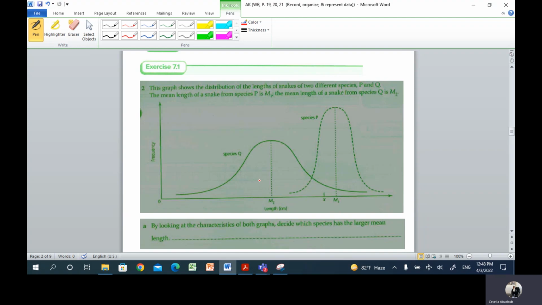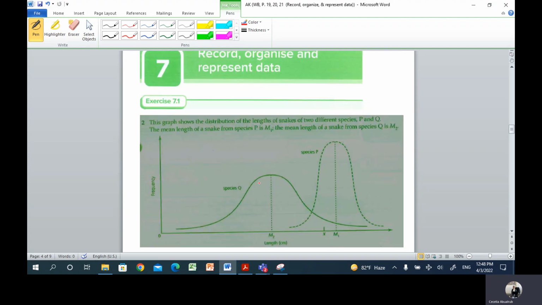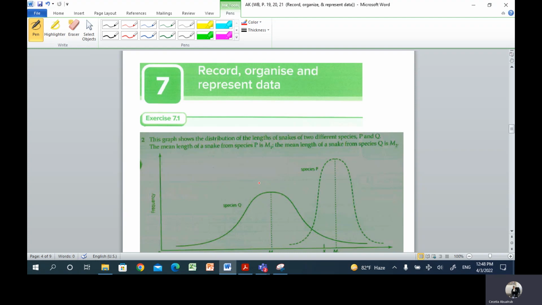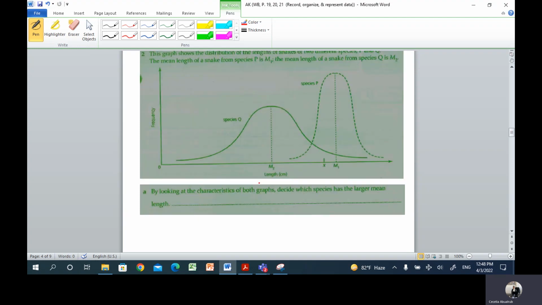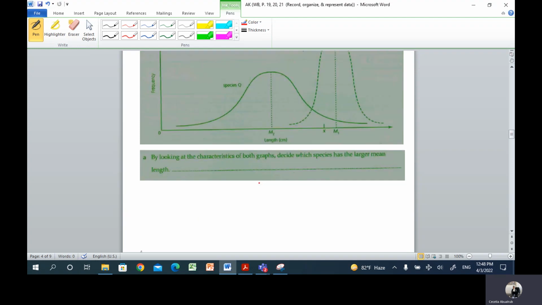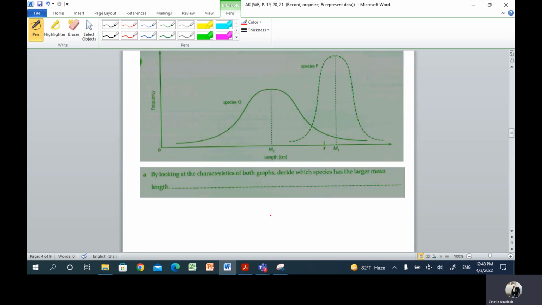The next thing that we're going to discuss in this recording is interpreting data from drawn graphs, such as in this question here. So we have species Q and species P, okay? And as you can see, there is a drawn graph for species Q and species P, which tells the relation between frequency and the length of species.